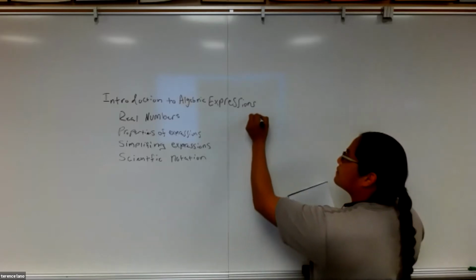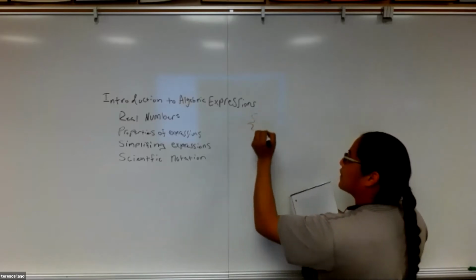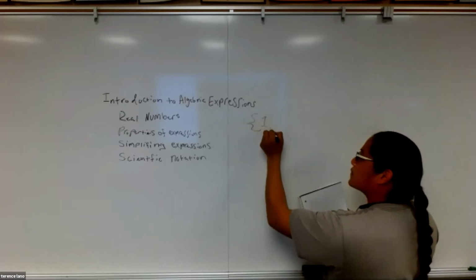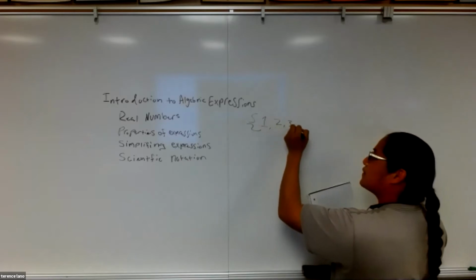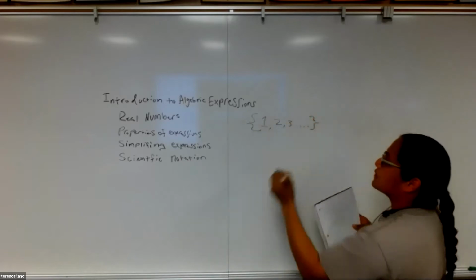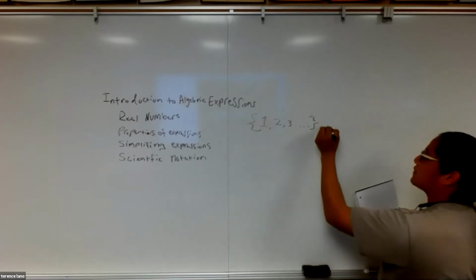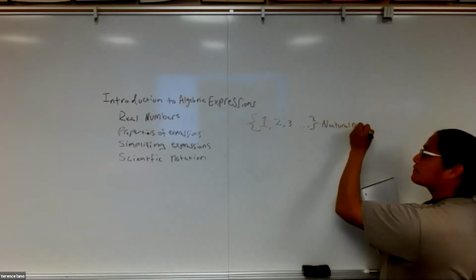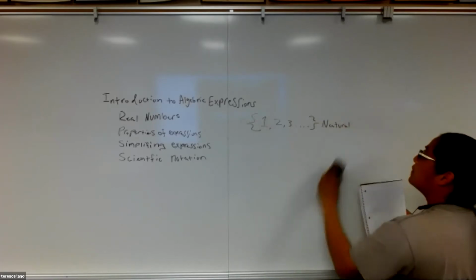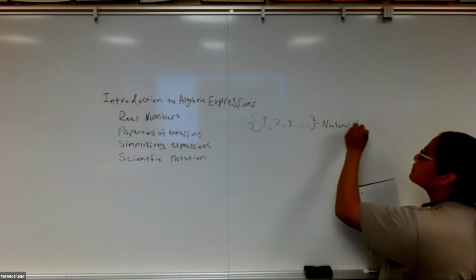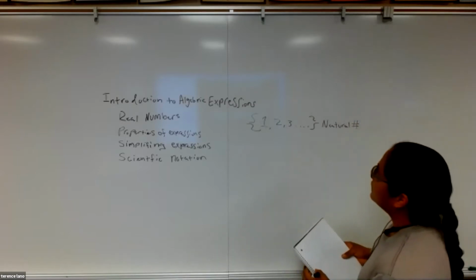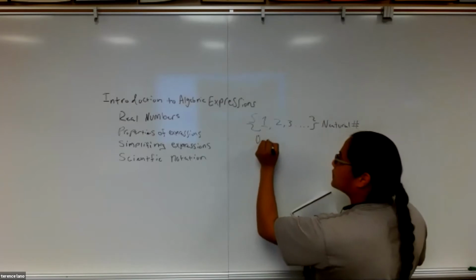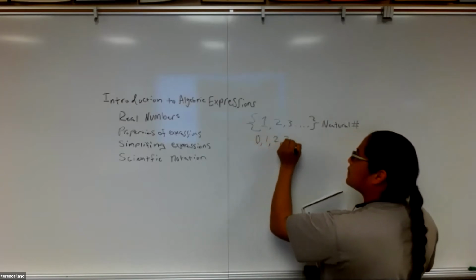In these, natural numbers consist of everything from 1, 2, 3, and so forth, all the way to infinity. That's all natural numbers. And whole numbers consist of numbers including 0, 1, 2, 3, and so forth.